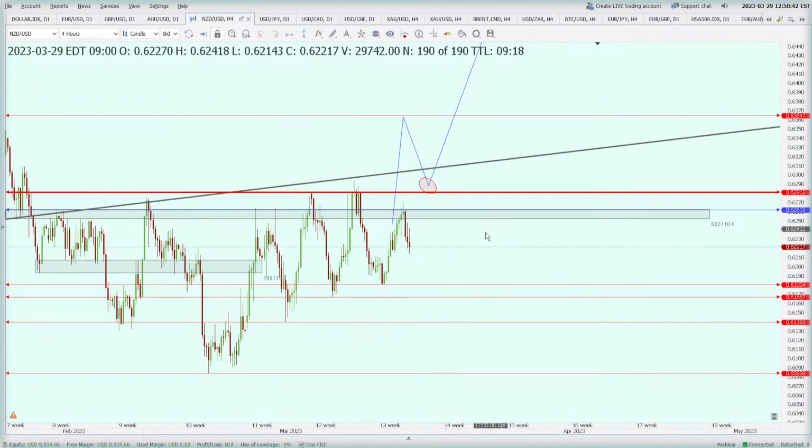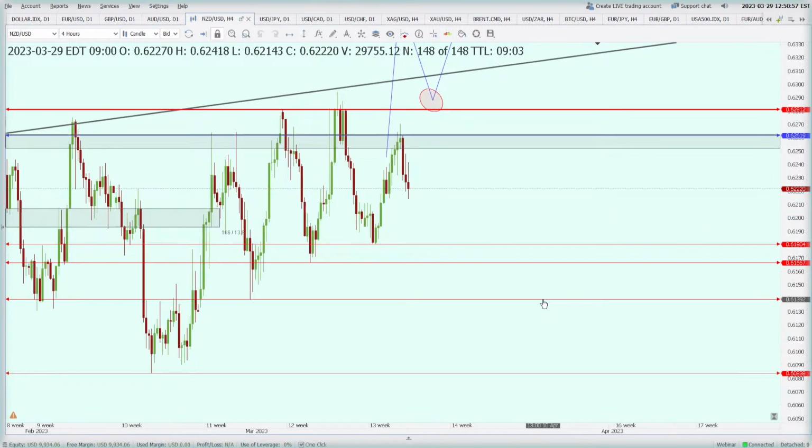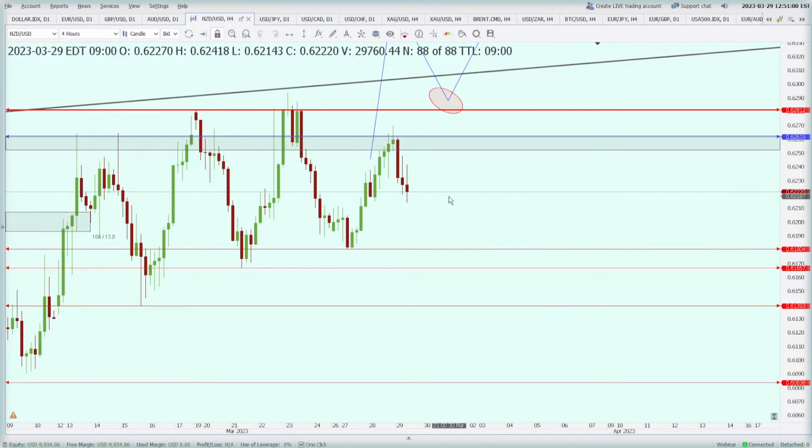Okay, New Zealand dollar is making higher highs, higher lows. After making this high here, the price has made a higher low, tried to go higher, failed, and is trying to go lower, but I assume that at these highs it will take support here and again push higher. Let us see how things unfold, but right now it has met the resistance zone at around 0.6261 and is headed towards 0.6180.